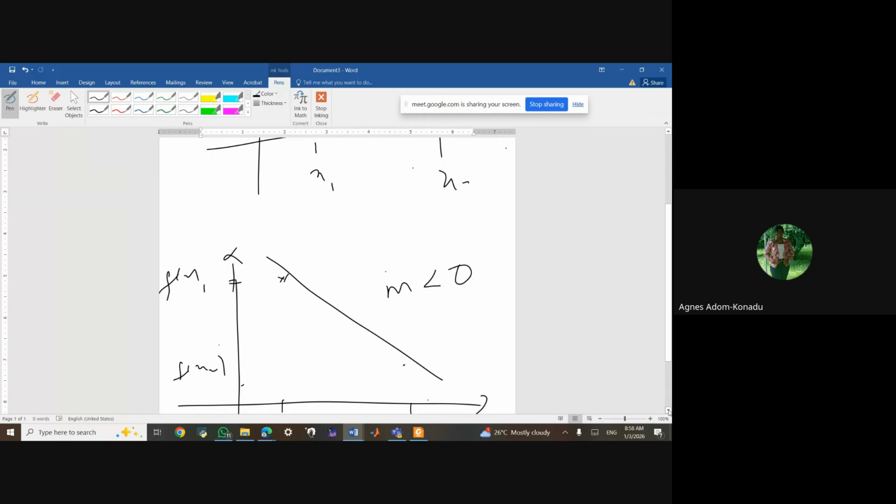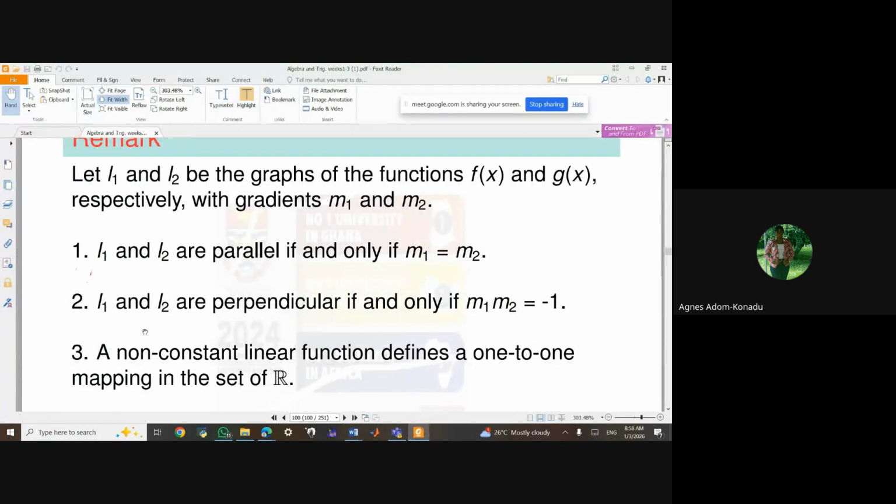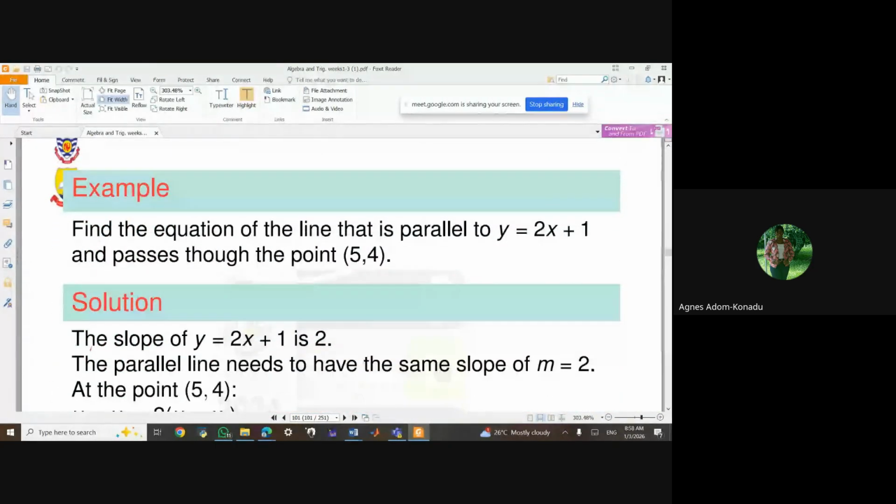With the graph, I'll just draw a horizontal line. You see that it touches it at only one point, so this is a one-to-one function. So it's true that a non-constant linear function defines a one-to-one mapping in the set of R.